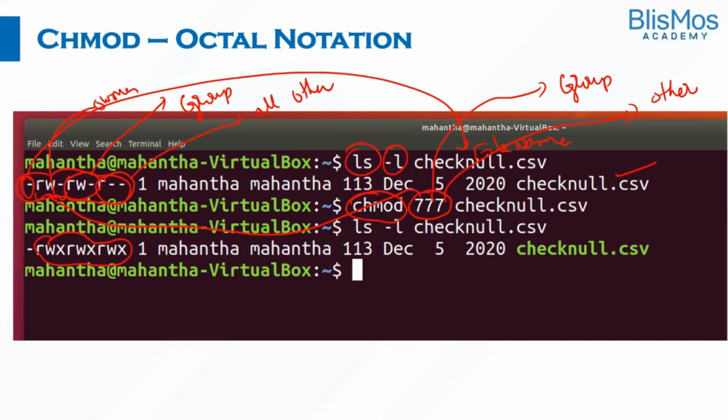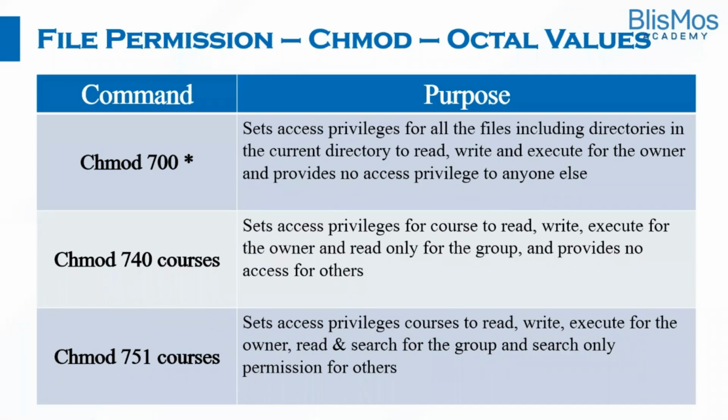Let us look at some more examples here. When you say chmod 700 *, if you recollect, 7 means all the permission. This first 7 indicates what kind of permission the owner can get.